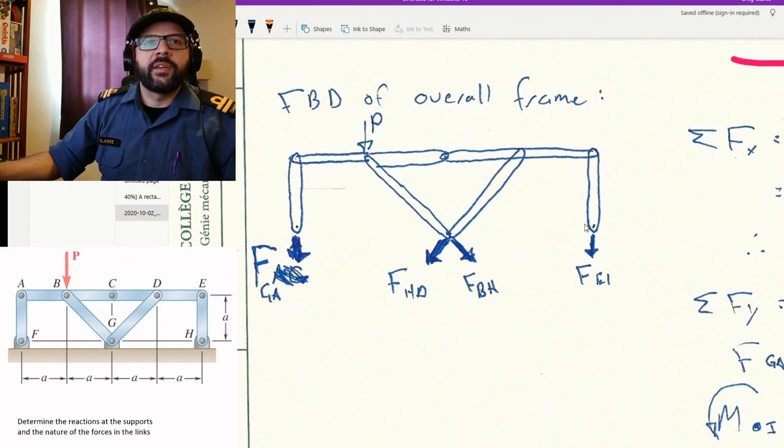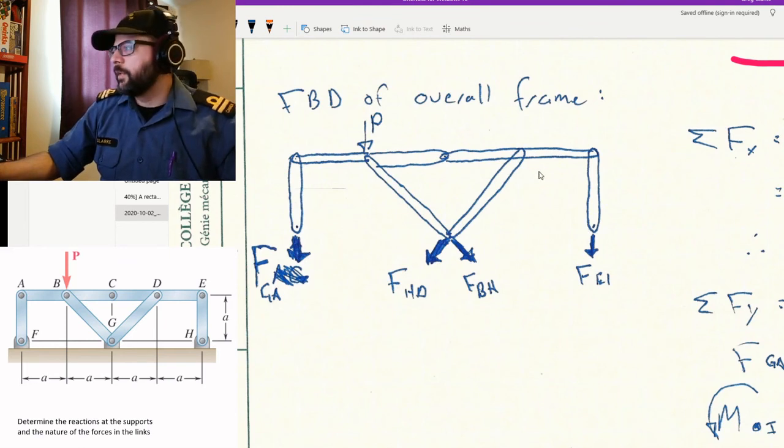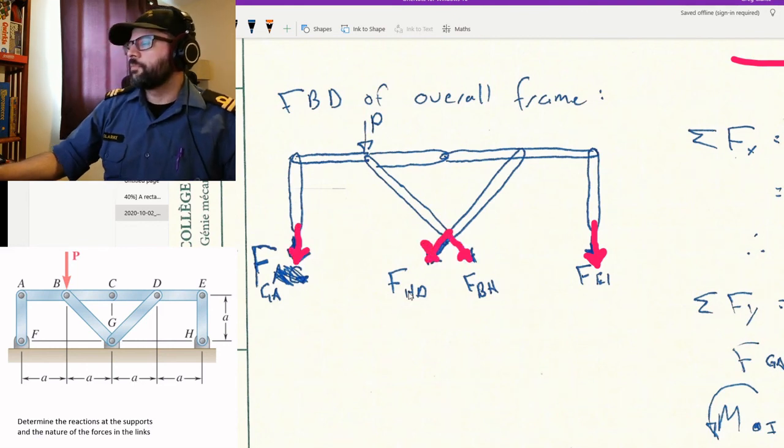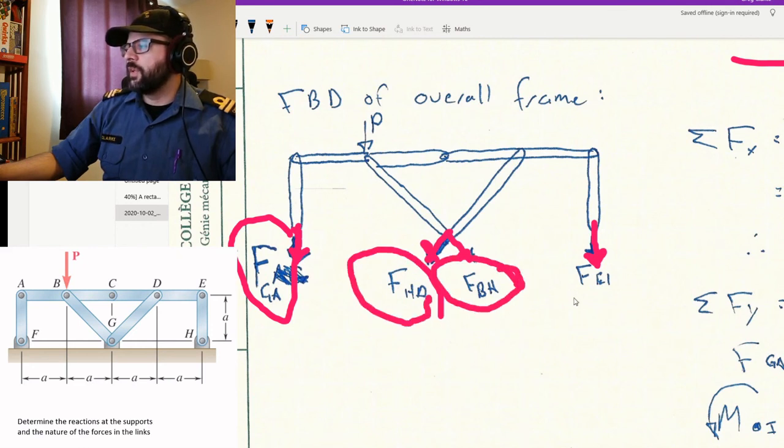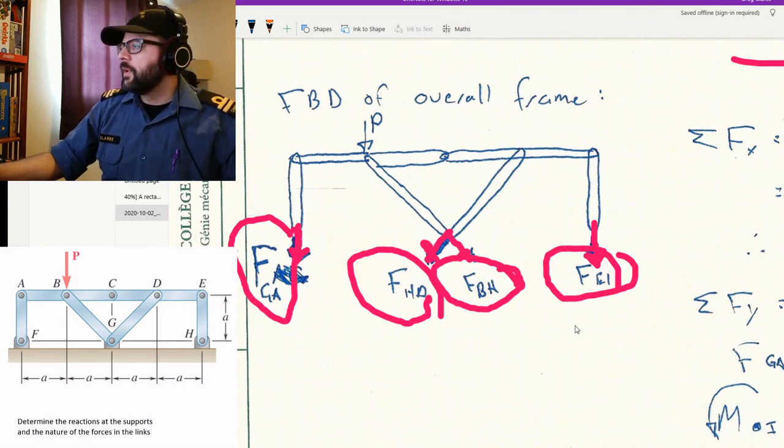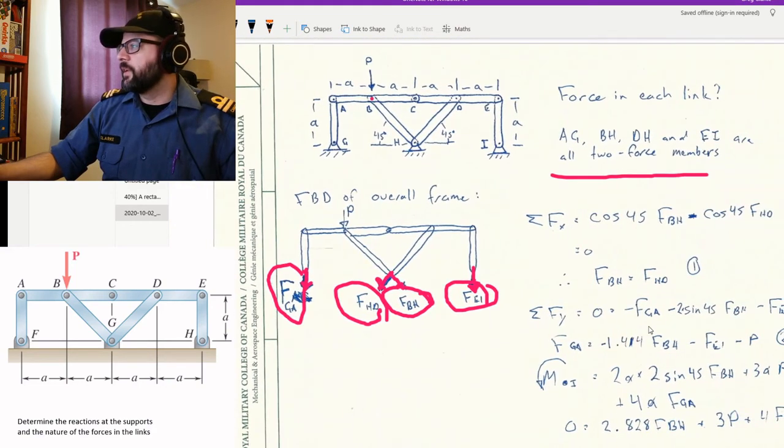The supports would have to be doing that. So we'll be pulling on them like this. So we got our force here, force GA, force HD, force BH, and force EI that we don't know. Well, that's a problem now, isn't it?